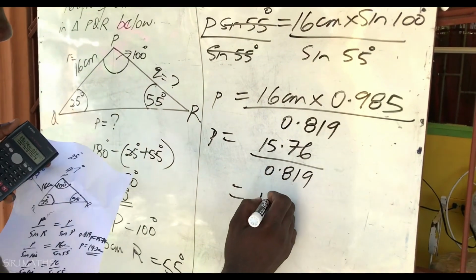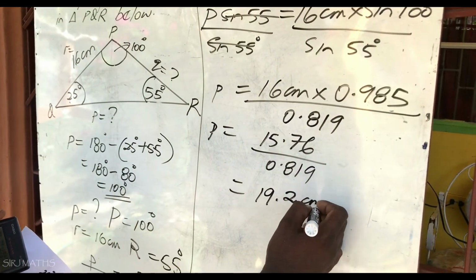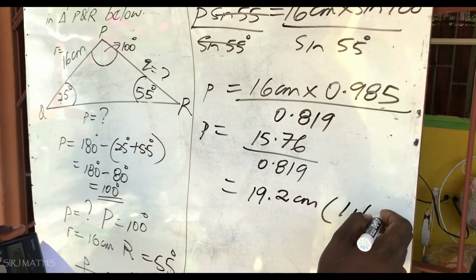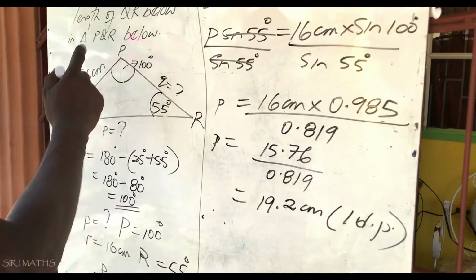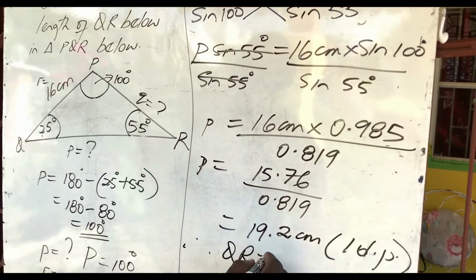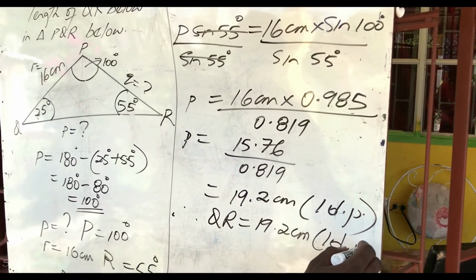And what we get here is 19.2 centimeters, correct to 1 decimal place. So therefore, we can say length QR equals 19.2 centimeters, correct to 1 decimal place.